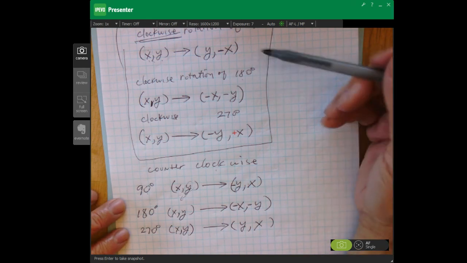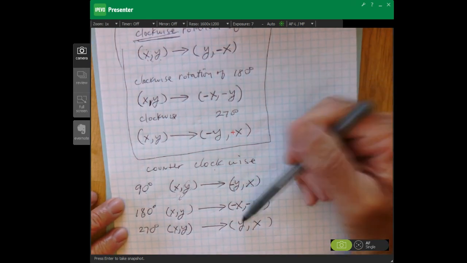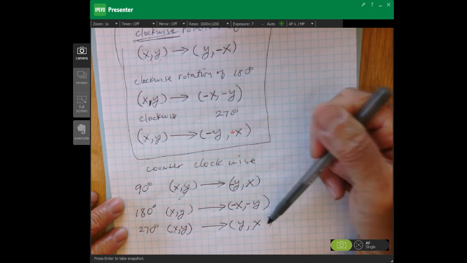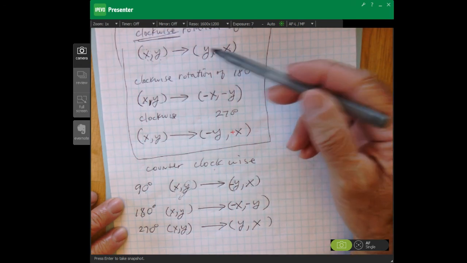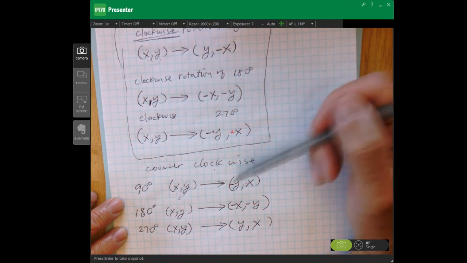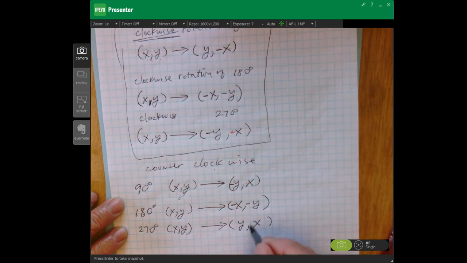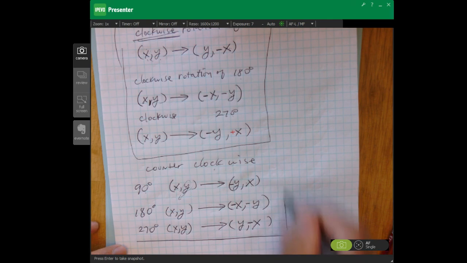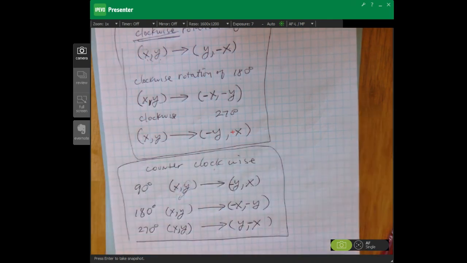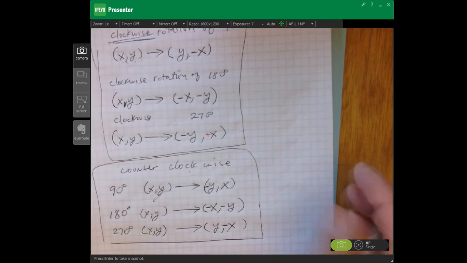And if you'll notice, actually the letters will be in the same exact order. The only difference is going to be where the signs are. So y is positive here, x is negative. Here's the opposite. And so it'll be the opposite here as well. So these are the rules that you can use when you are rotating.